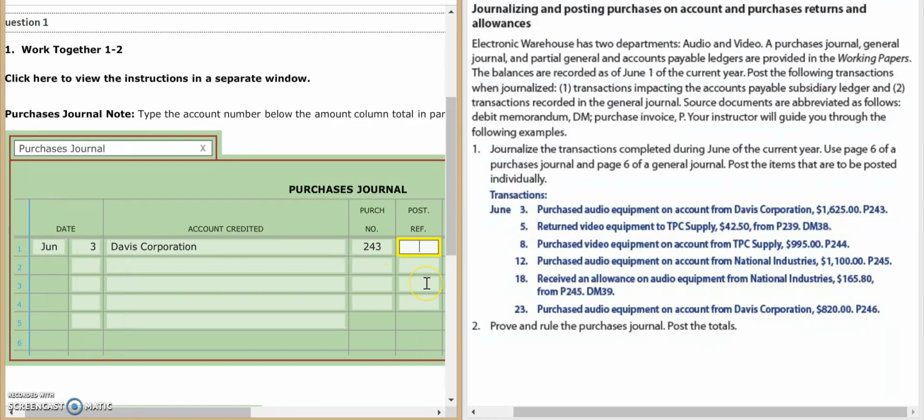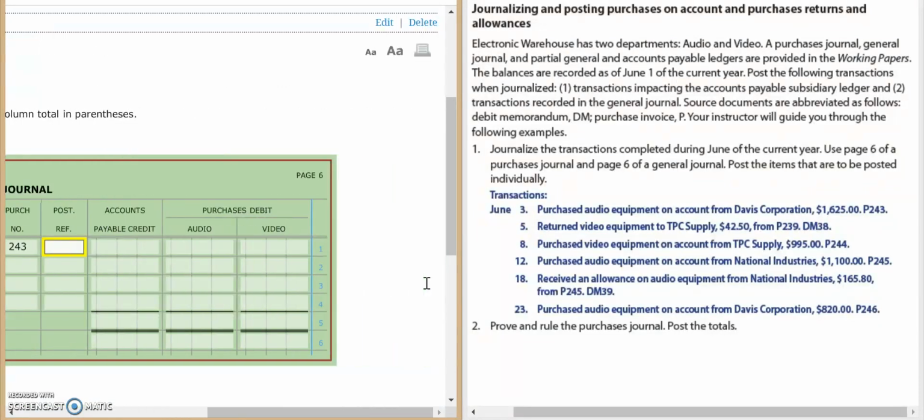We're going to leave the post reference blank right now because we haven't posted anything yet. Come over here and we're going to put in our accounts payable credit, which was for $16.25. And then remember that this is audio equipment, so this is where we have to decide which department it's going to. So we're going to put it in the audio for $16.25.